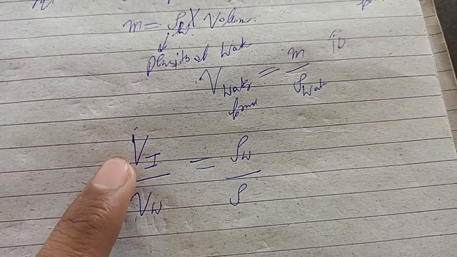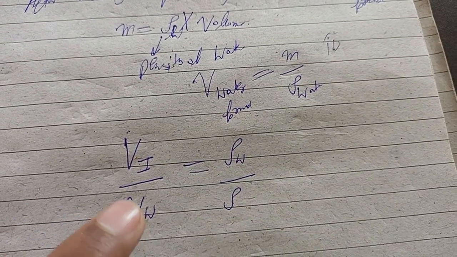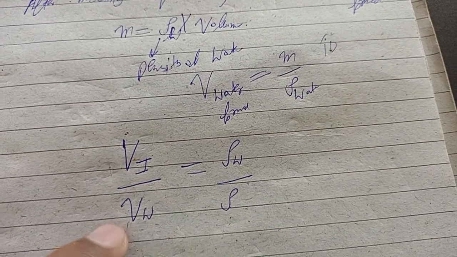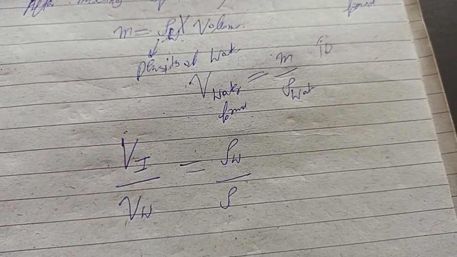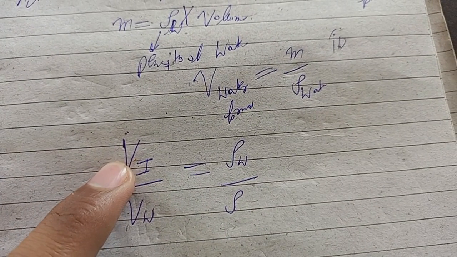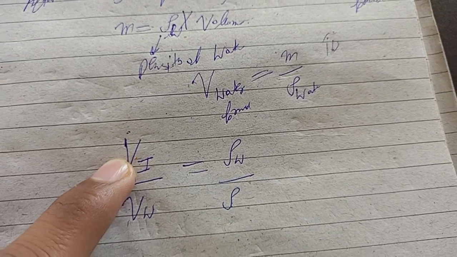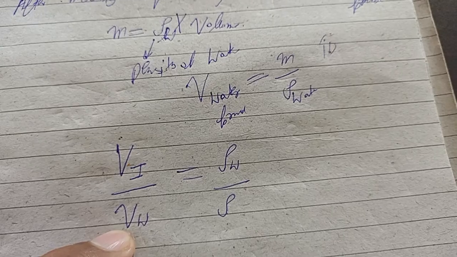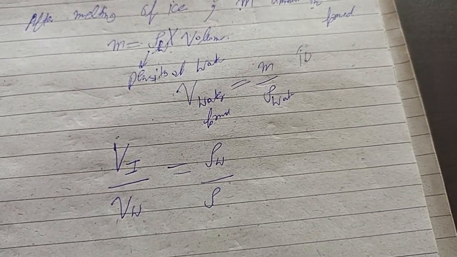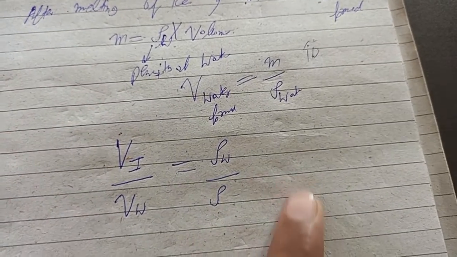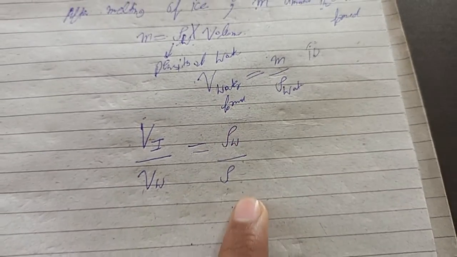If the volume of ice disappearing is less than the volume of water formed, the level of liquid will rise. If the volume of ice disappeared is more than the volume of water formed, the liquid level will drop down. And these things depend upon these two quantities, which are the density of this liquid and of water.